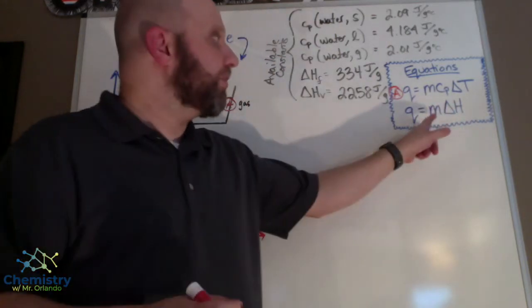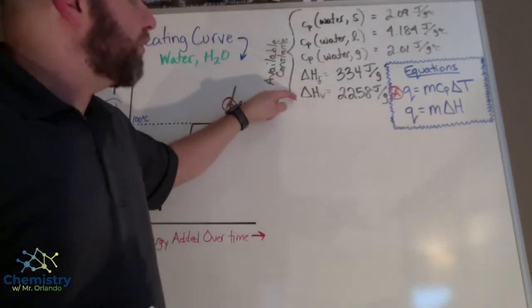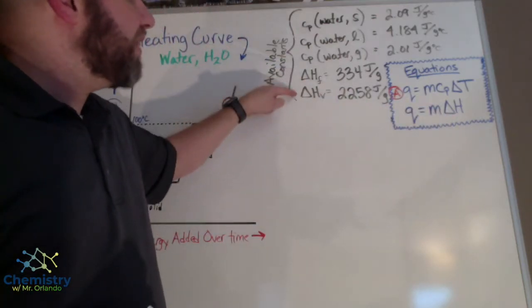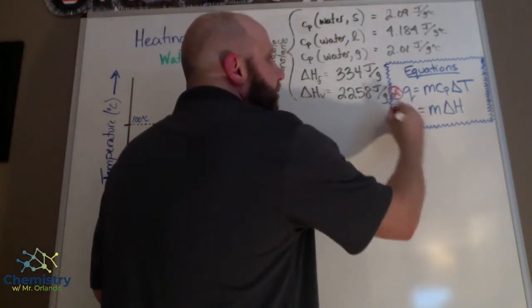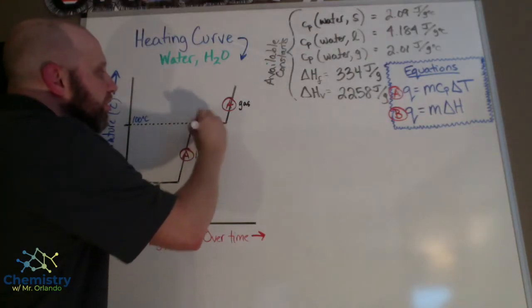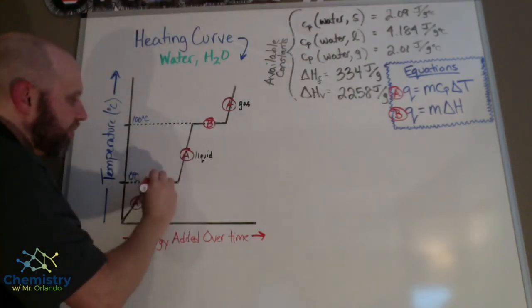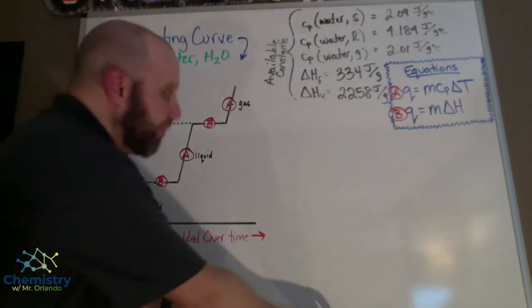And then another constant. There are 2 delta H constants, the delta HF and the delta HV. I'm going to first label this B. So we use B here and we use B here. So we use that equation. And now let's take a look and label the constants.